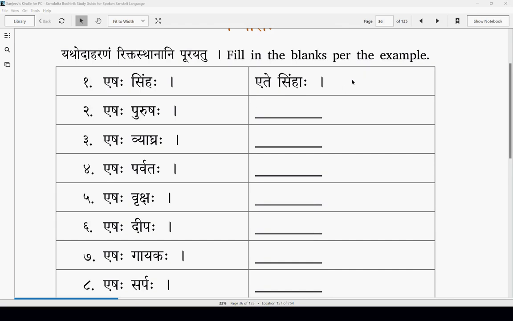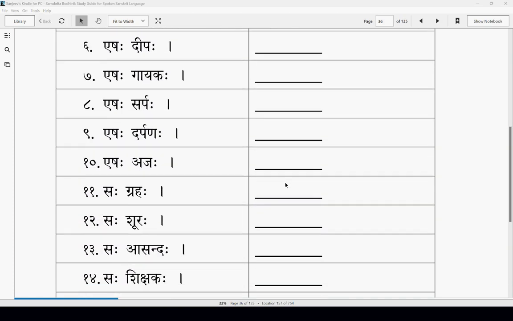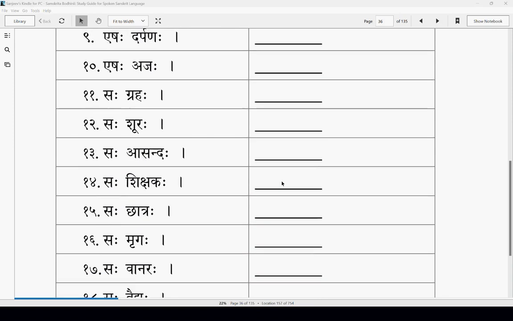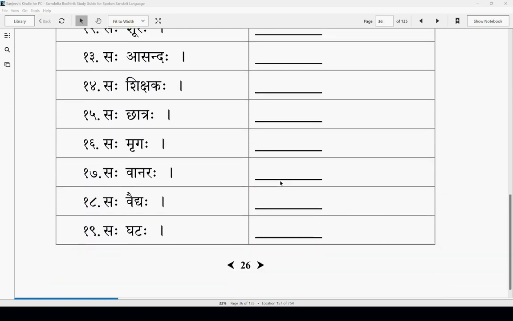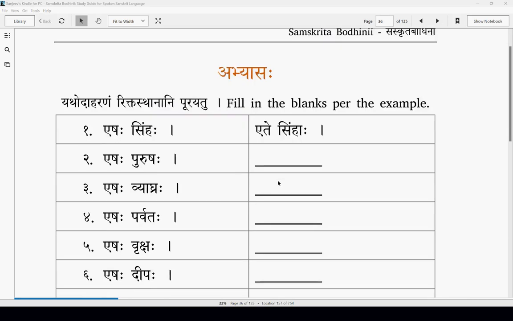The only thing is to put the bahuvachana rupam, rupam means form. Esha simha, ete simhah; esha purusha, ete purushah; vyaghrah, parvatah, etc. This is just for exercise. Chhatrah, mrugah, vanarah, vaidyah, ghatah. Any question here?